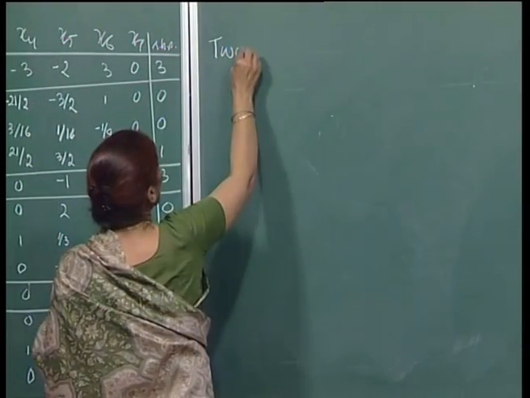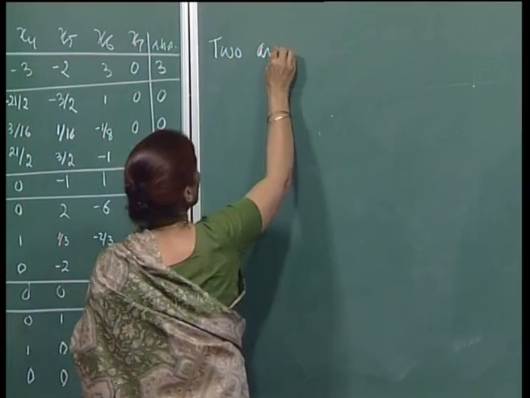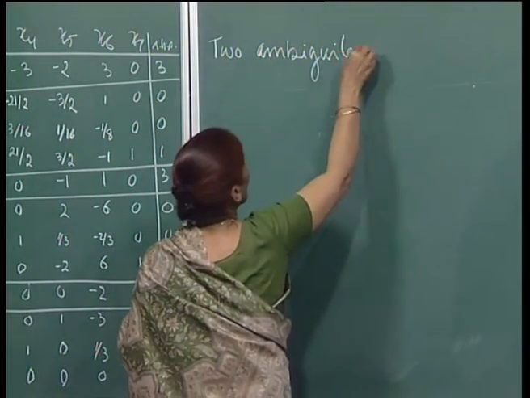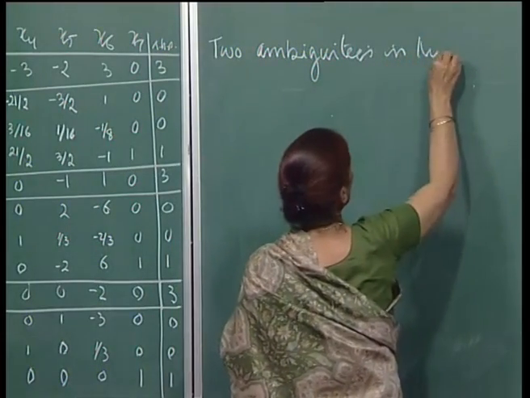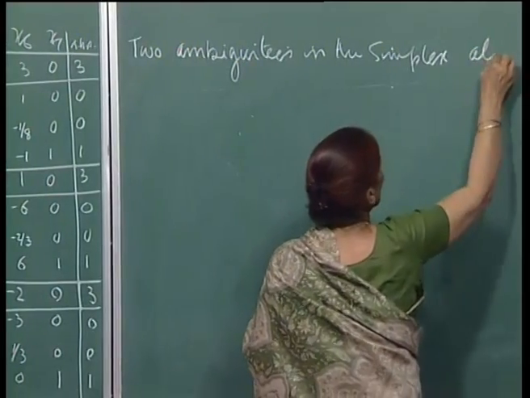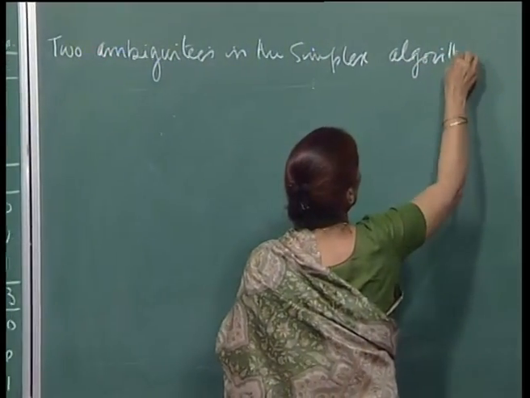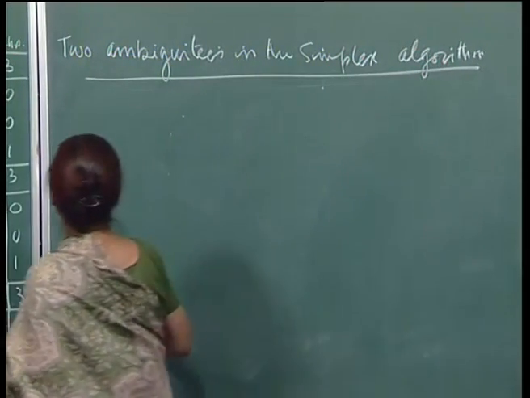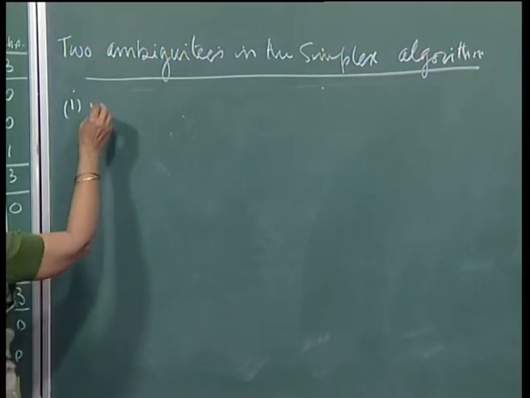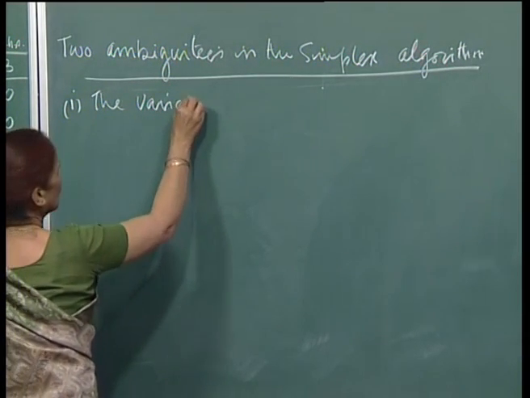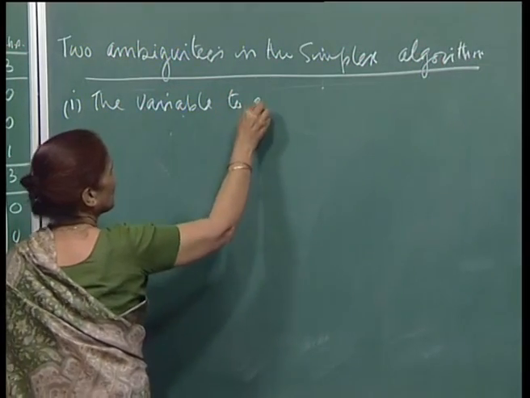two ambiguities in the simplex algorithm. The first is the variable to enter the basis.